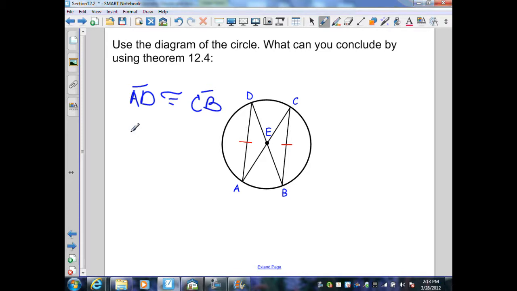Therefore, I know that arc AD is congruent to arc CB. Also using Theorem 12.4, if I know that arcs are congruent in congruent circles or the same circle, then the central angles related to those arcs must be congruent. Therefore, angle DEA is congruent to angle CEB.